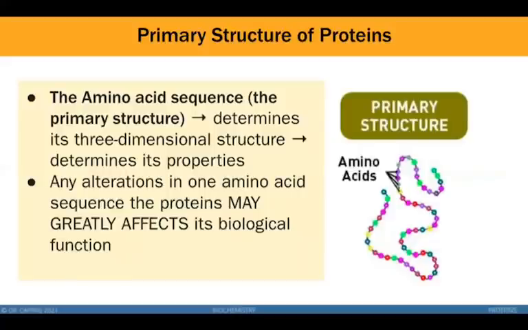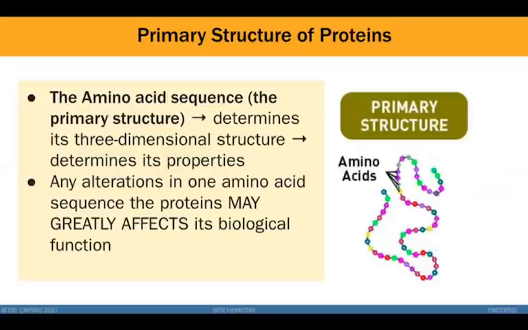So the amino acid sequence greatly determines the three-dimensional structure of the protein. So if you have an amino acid sequence, that amino acid sequence will tell you about the property or the three-dimensional shape of a protein.